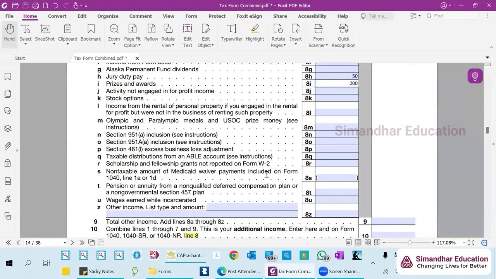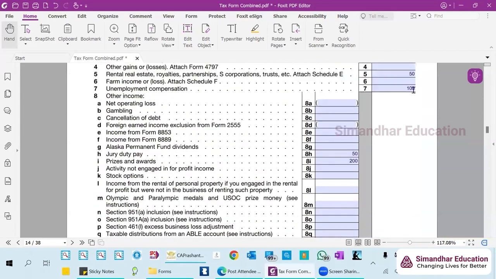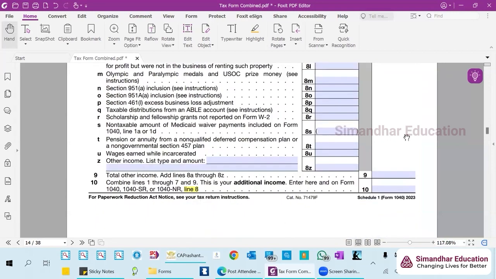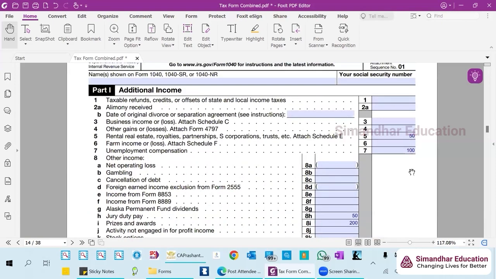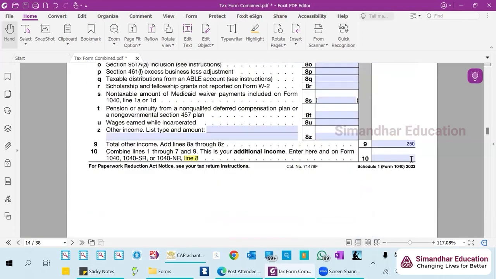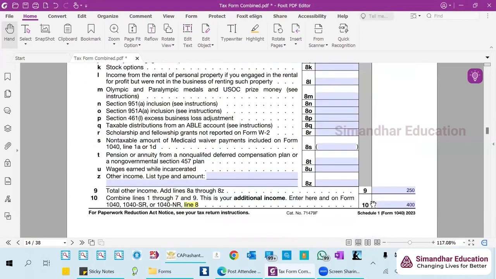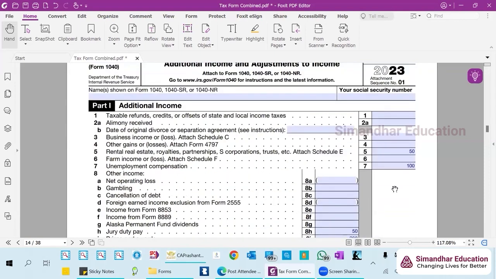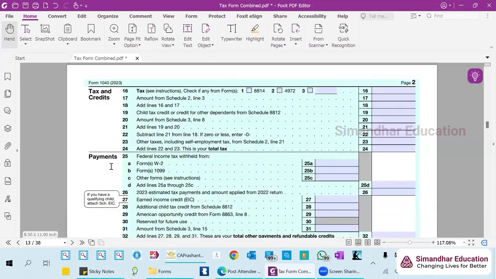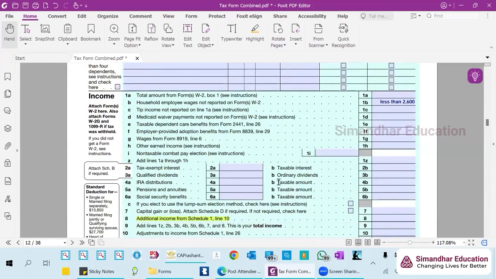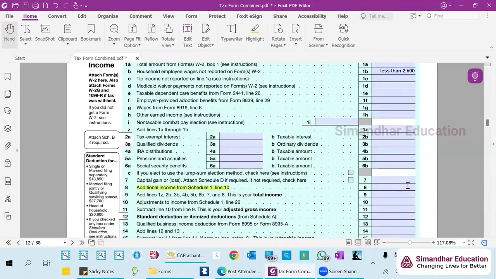So now what is the total of other income? 250, plus 50 is 300, and so on, 400. Everyone understands how we are getting this 400. This 400 is the total of all the lines. Now I take this 400 and I put it on my form 1040, on line 8. That's it. This is how it works.